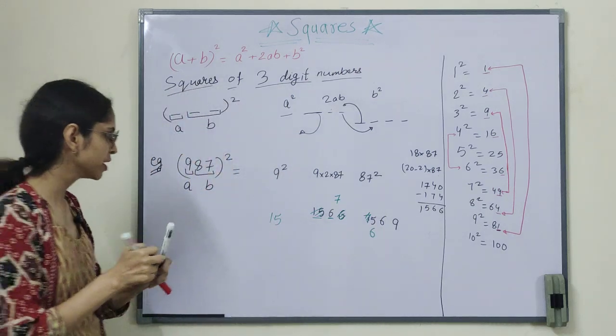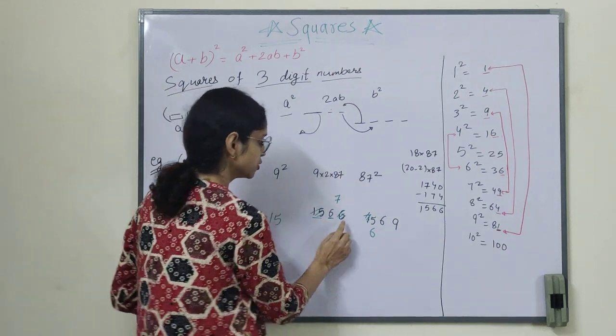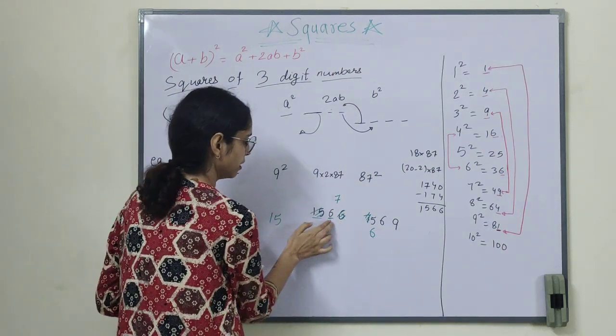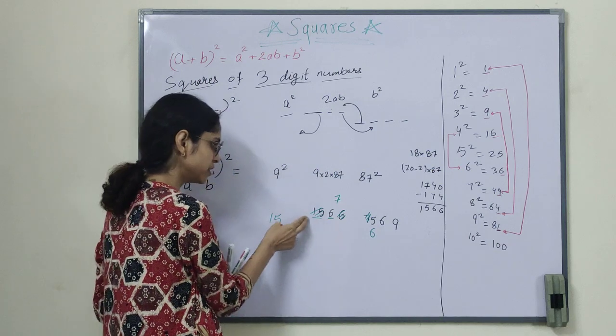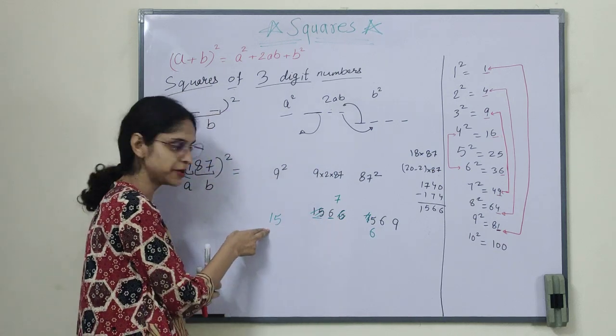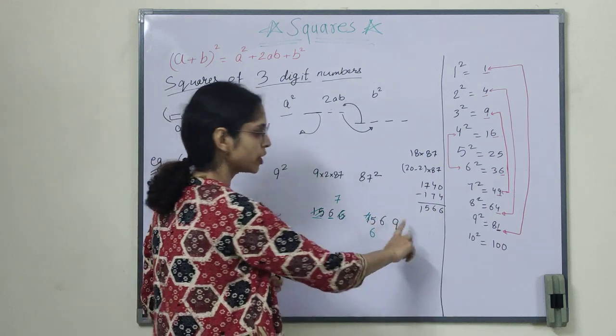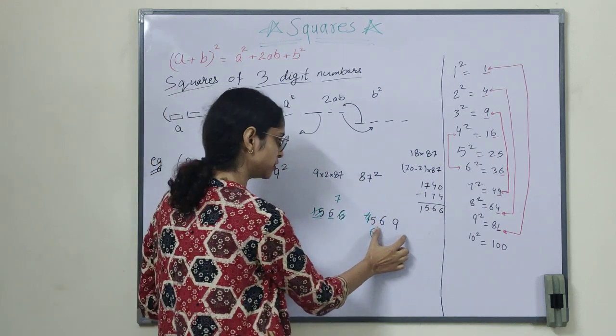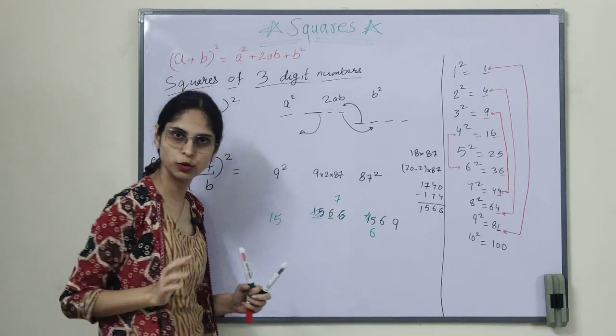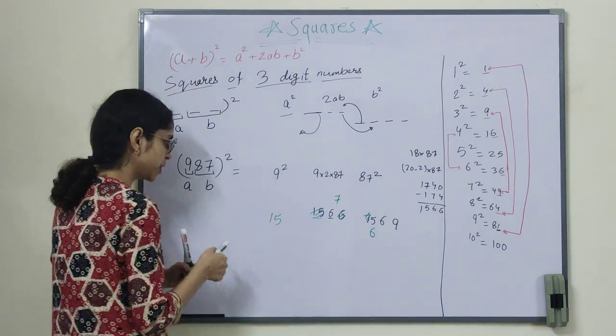Got it what I did? So I got 1566. The last digit I move here. Middle digit I keep and whatever is before that I am moving it here. So 6 goes here, 15 goes here, 6 stays here. Over here if you are having more than 3 digits 569 will remain but 7 goes here and 7 comes over here. Okay. And now 9 square is 81.